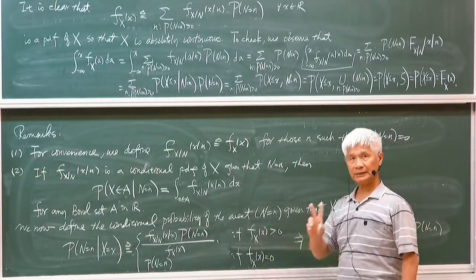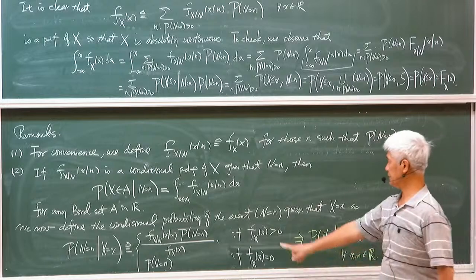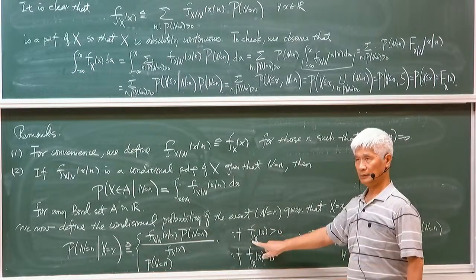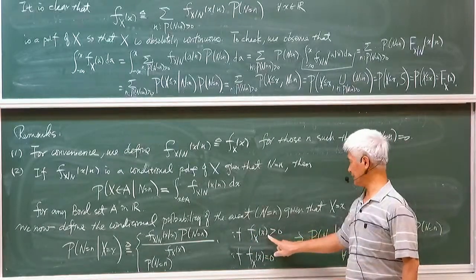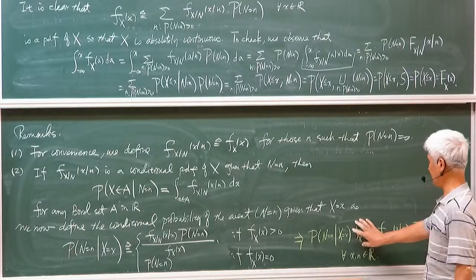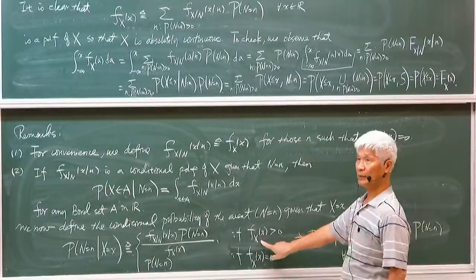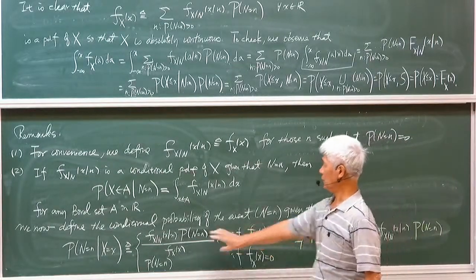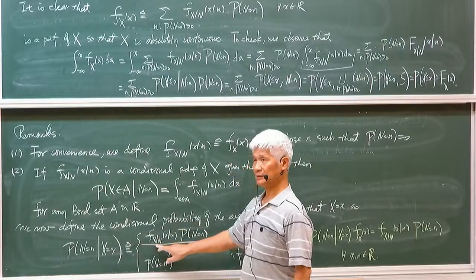We can consider two cases. First of all, when the PDF of X at x is positive, we have this by definition.